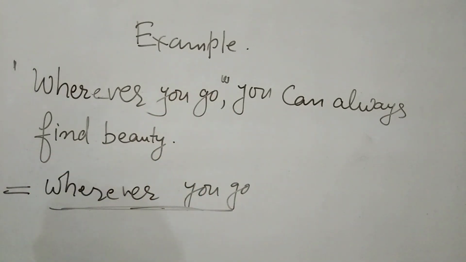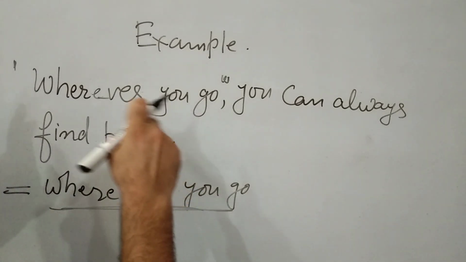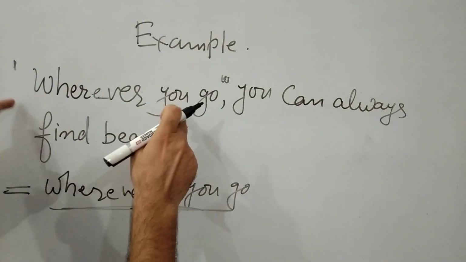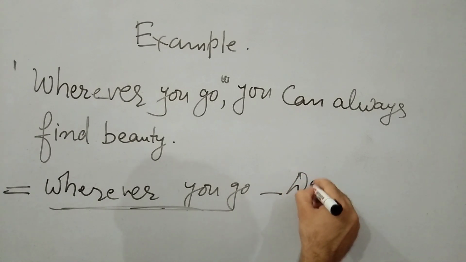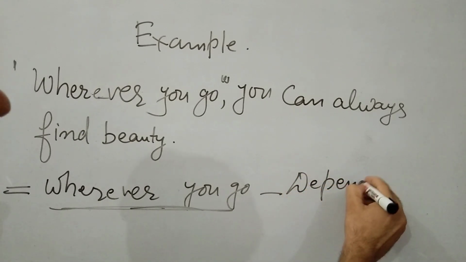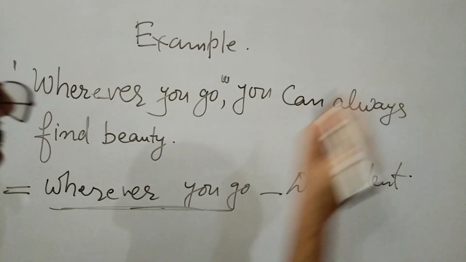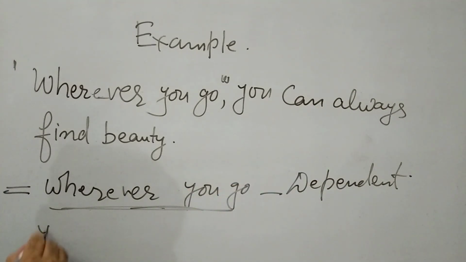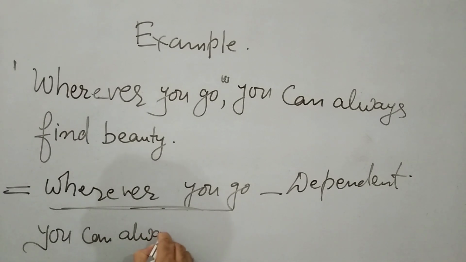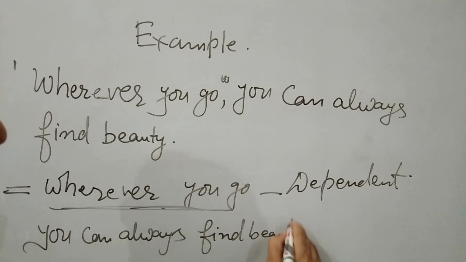So this part is not giving us complete information, and this part depends upon some other part. So this is called dependent clause. This is a dependent or subordinate clause. And this part, you can always find beauty, is a complete sentence.